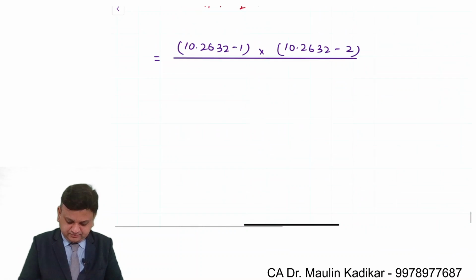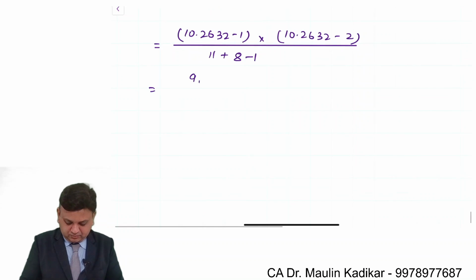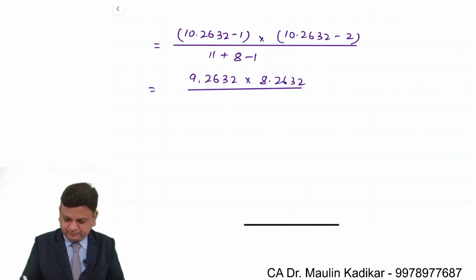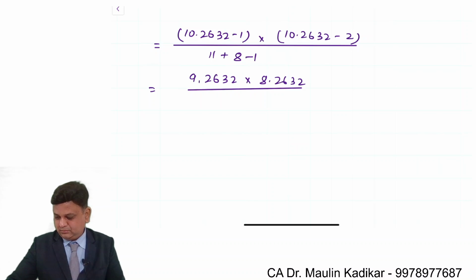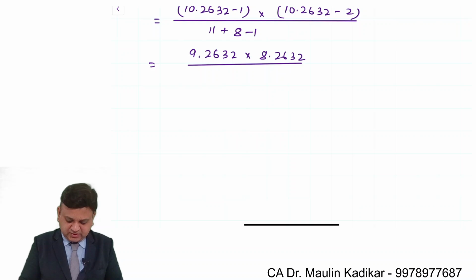N1 is 11 plus 8 minus 1. 9.2632 into 8.2632 divided by 11 plus 8, 19, 19 minus 1, that is 18.